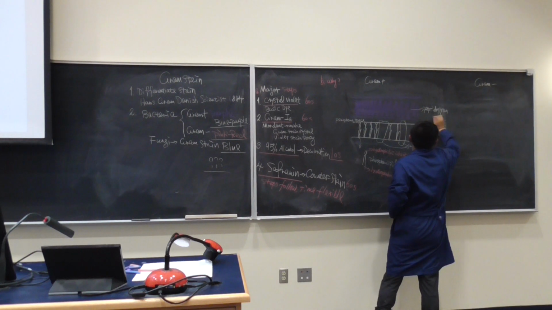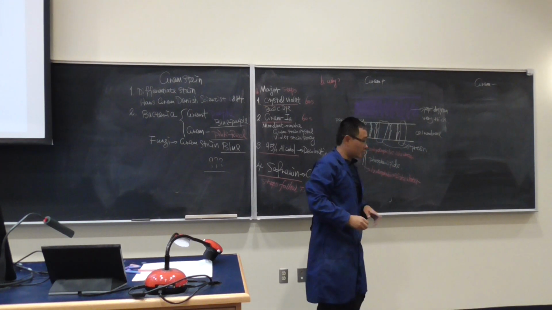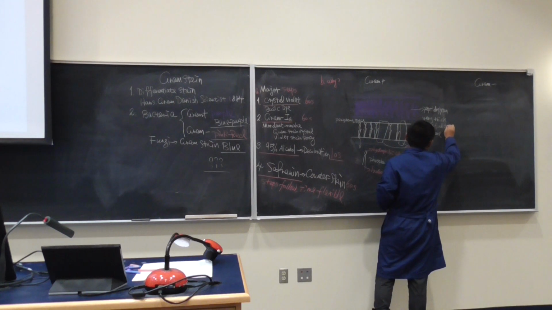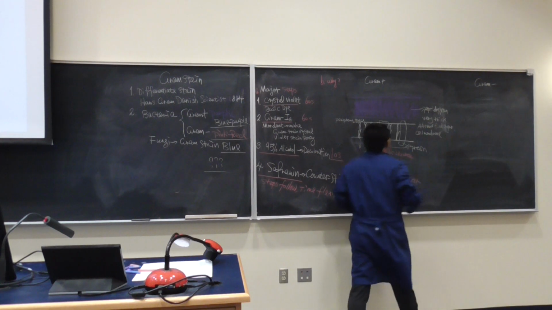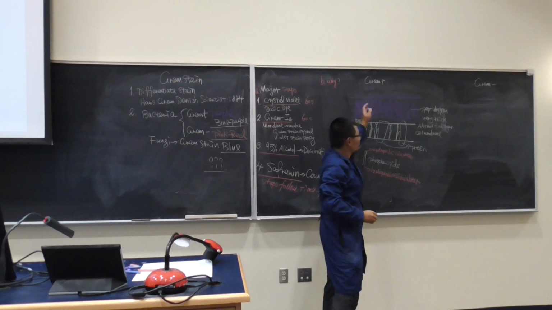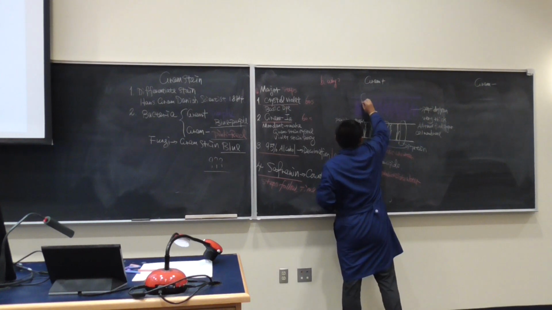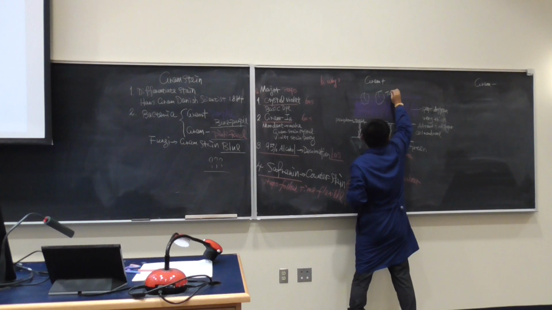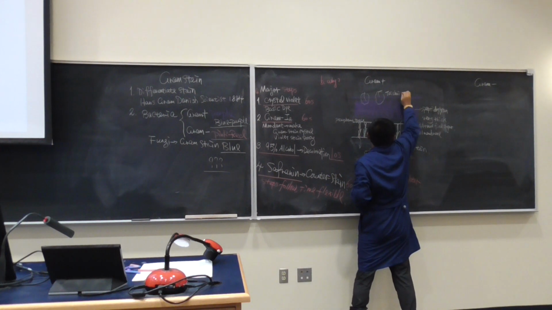Peptidoglycan. It is very thick. Peptidoglycan is composed of amino acids with modified sugar. We'll talk about this real quick next week. And on top of the peptidoglycan, you may see something like this: teichoic acid.